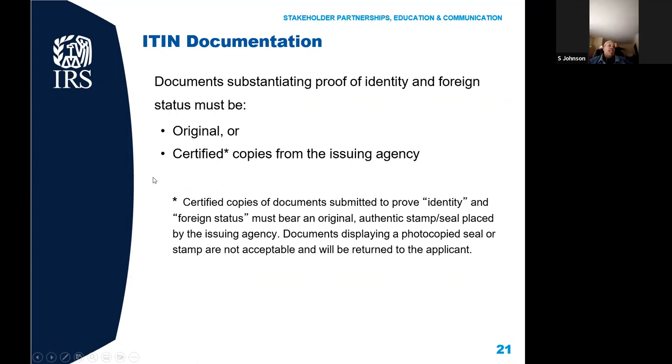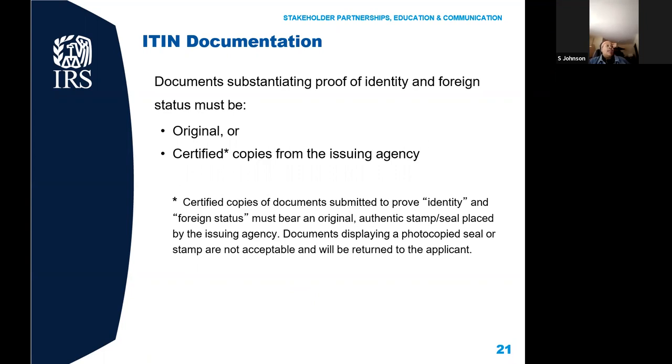I'll give you an example. I was overseas and I needed a photocopy of my passport to give to someone in Paris. I had to go to the United States Embassy in Paris and have them certify the copy because I didn't want to give them my original passport.